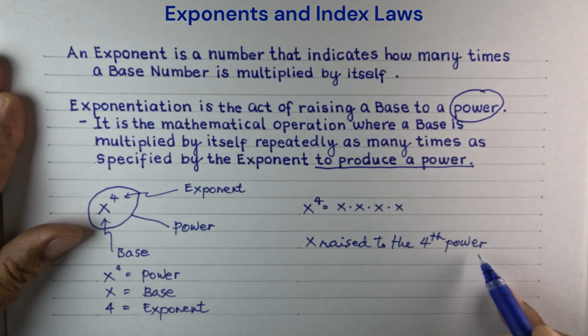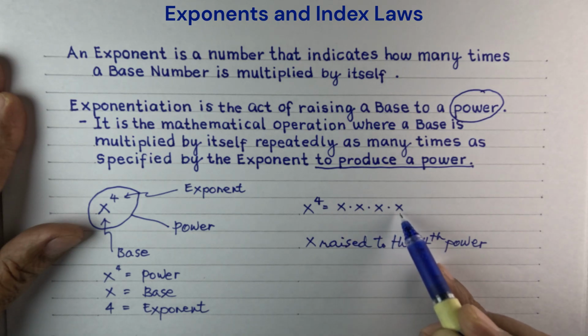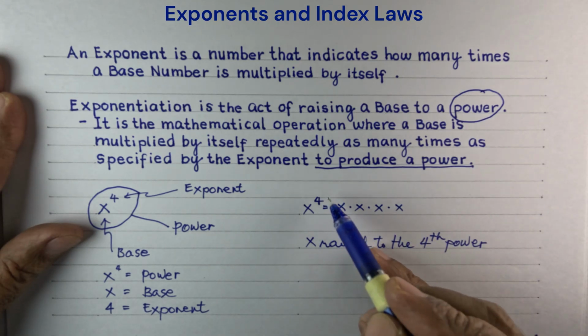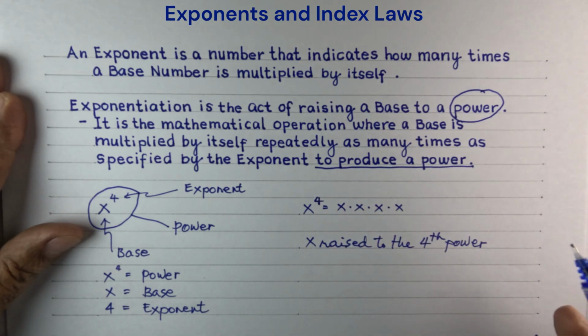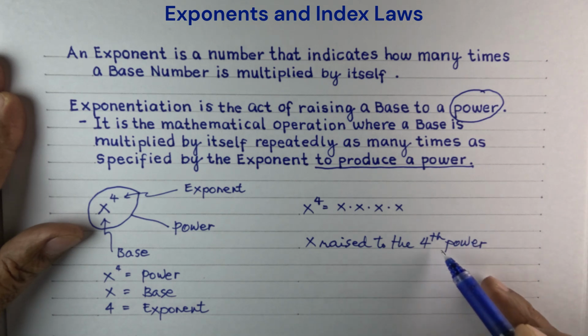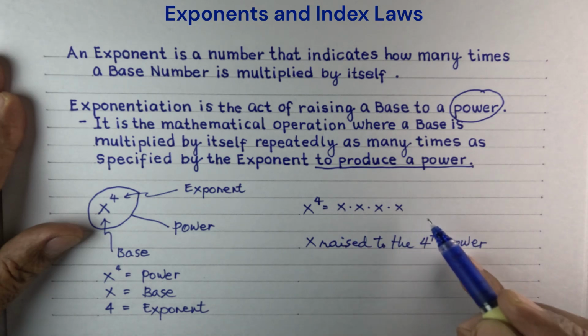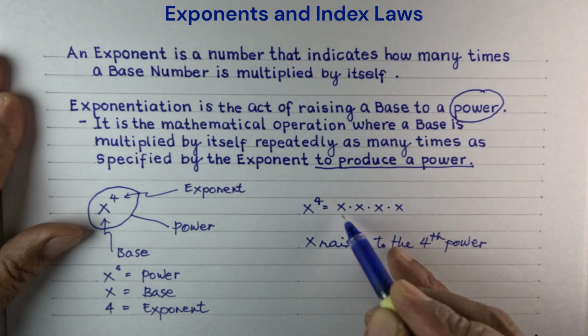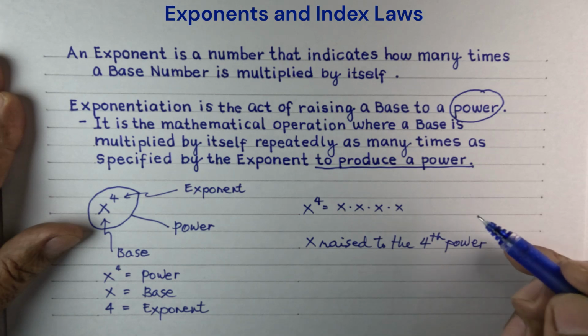So x raised to the fourth power refers to the exponentiation operation where the base x is to be multiplied repeatedly as is specified by the exponent, producing a power. Right there. So, the end result of this multiplication process is what we call a power.